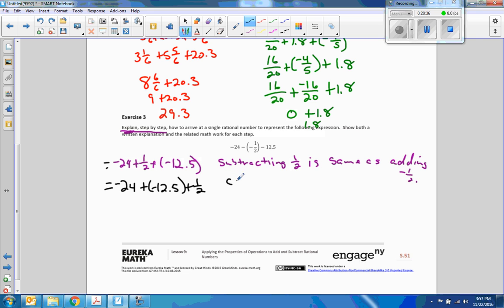Okay, this is commutative property of addition. So negative 24 plus a negative 12.5 is a negative 36.5 plus 1/2. Okay. Add both negative numbers.